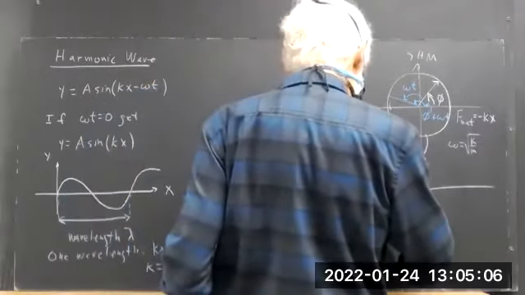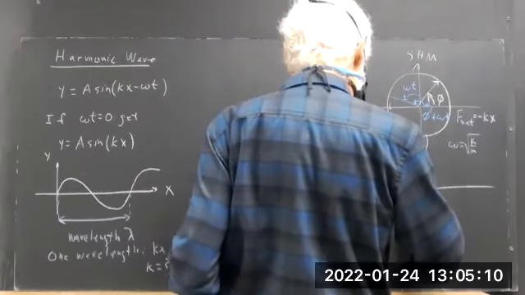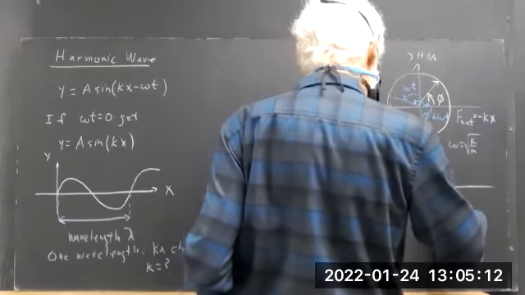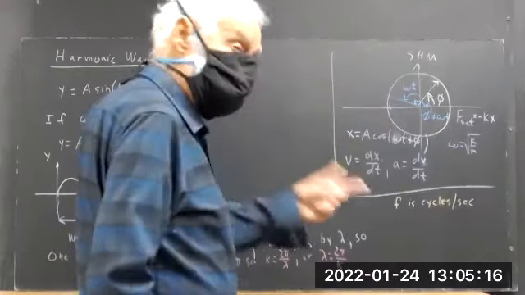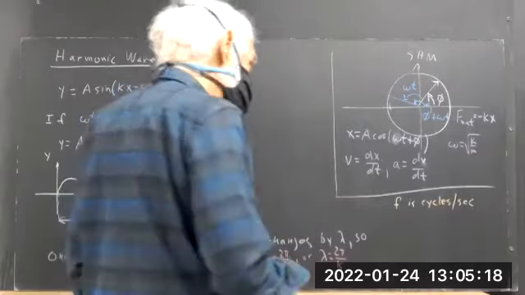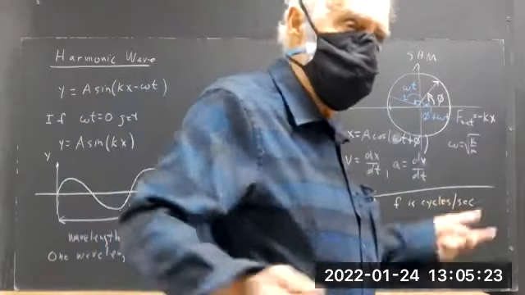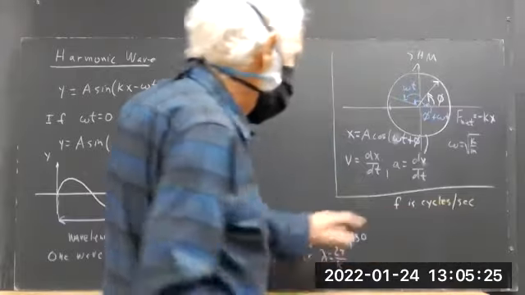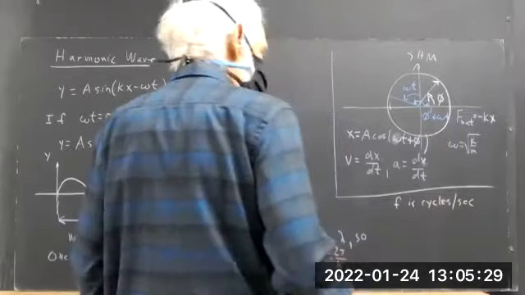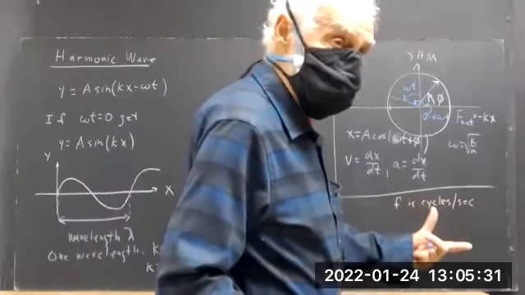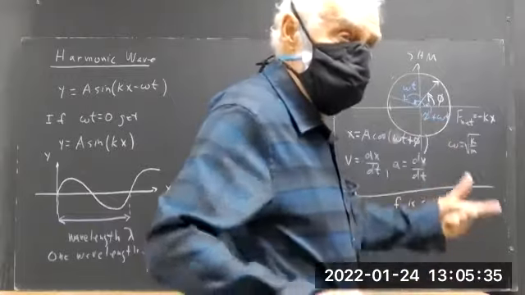So frequency, okay, frequency is in cycles per second usually. It could be cycles per hour, cycles per millisecond, or cycles per nanosecond. It's usually cycles per second. That's a standard unit, and also, that's called hertz.